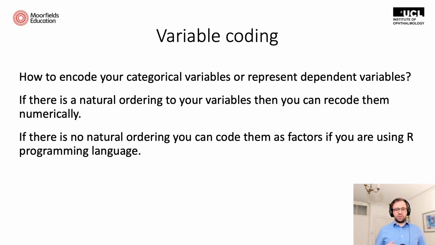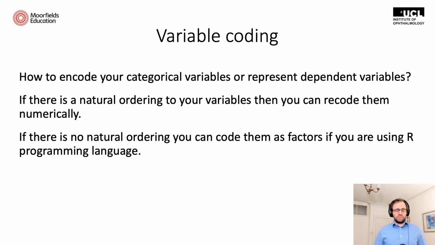Try and change the values into numeric values, so that you have that relationship, that ordering. The regression will work better if you can do that. If there's no ordering, then use what's known as factors in R, and R will treat them as separate variables basically.